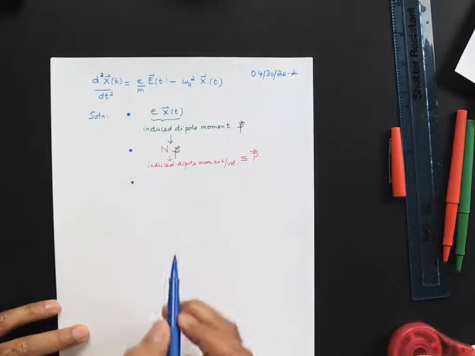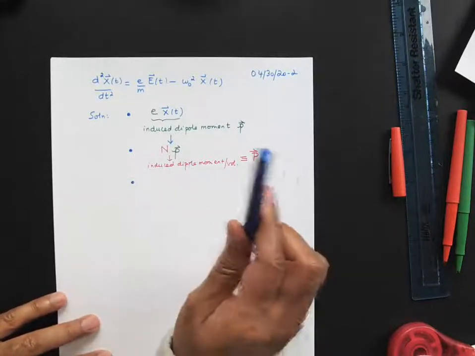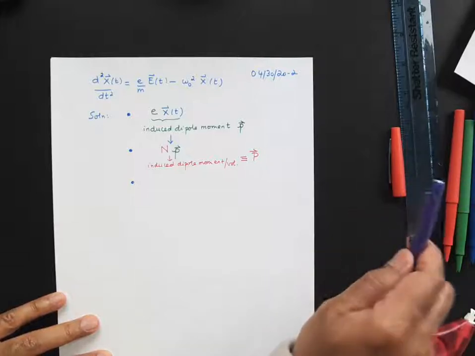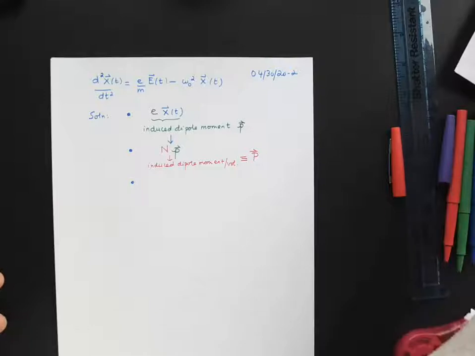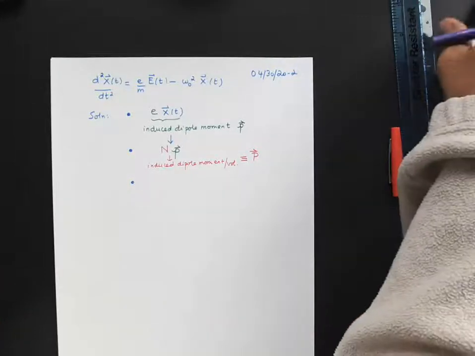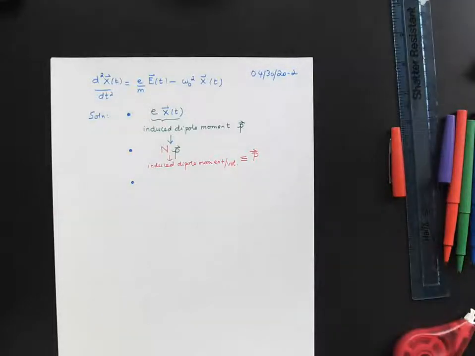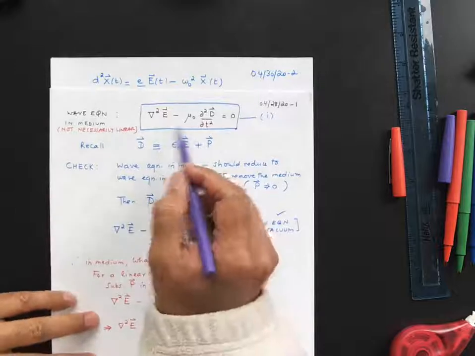And now this P that I find, I also had another place where this appeared, because the electric polarization is something that I know macroscopically also, and so it has to satisfy this equation as well.